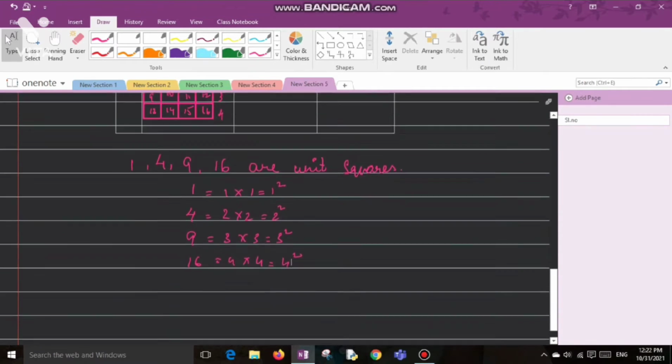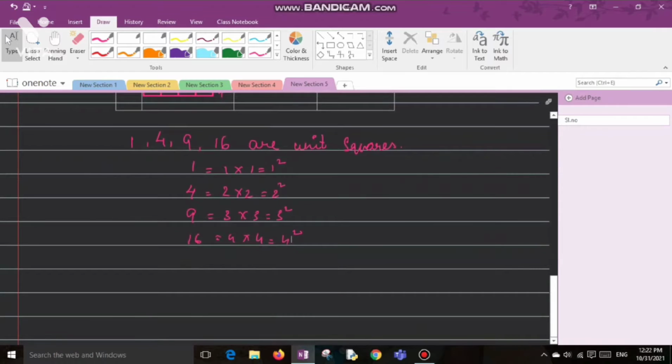Now, if we observe this pattern of factors, we can conclude that m is equal to n into n, which is n square, where m and n are integers.